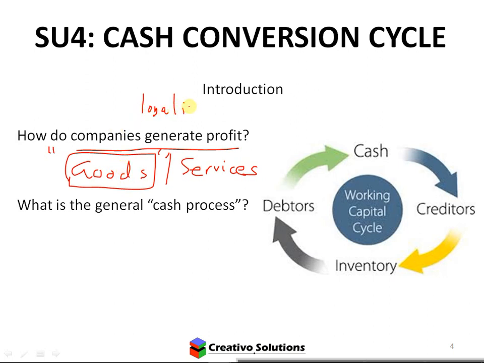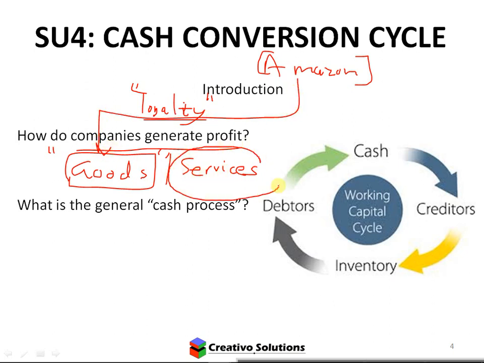Because if I'm looking at purchasing goods, let's talk about other big companies, Amazon. They're massive, right? So if I'm looking at Amazon, what is Amazon focusing on? Goods. But it's because their service is so good, people are willing to use Amazon to buy and sell certain products.